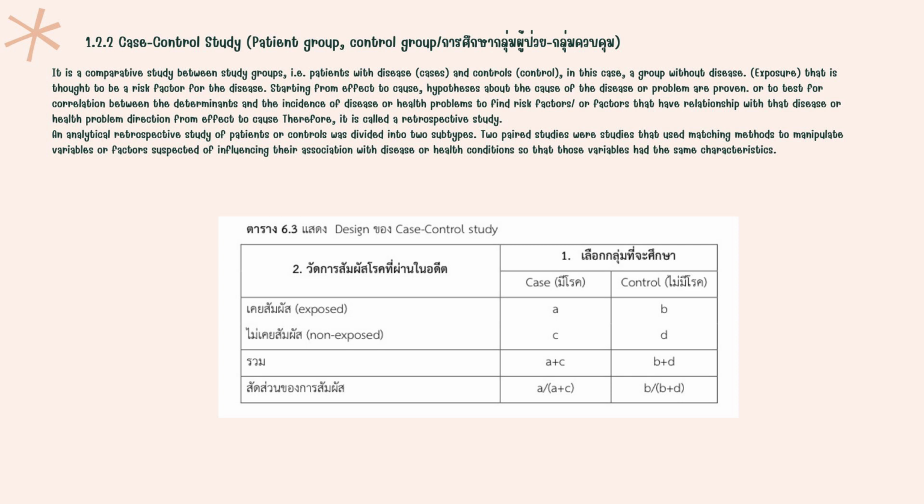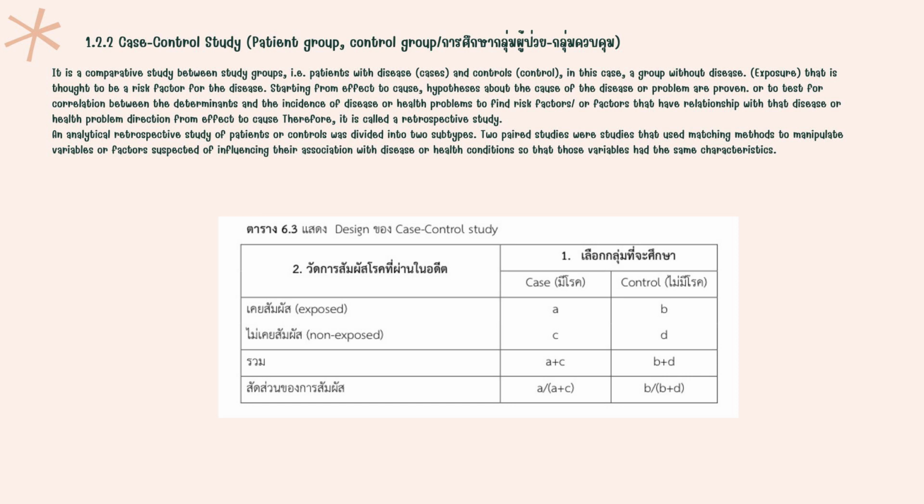Next, number 2, case control study. A patient group and control group is a comparative study between the study group, patients with disease, called cases, and controls, a group without disease. Exposure is thought to be a risk factor for the disease.